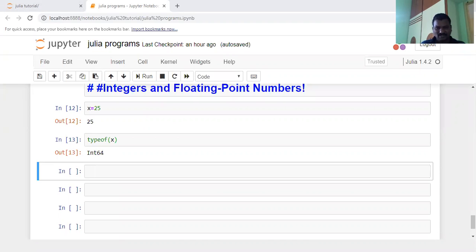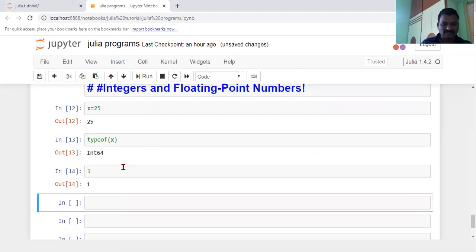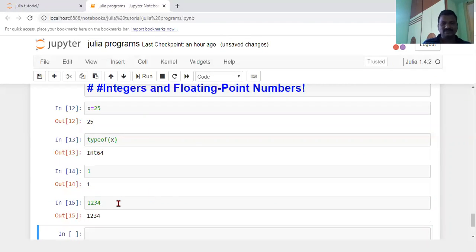In this way you represent the literal integer value. For example, 1 is a literal integer value, and 1234 is also a literal integer value. In this case, you represent the literal integers this way.